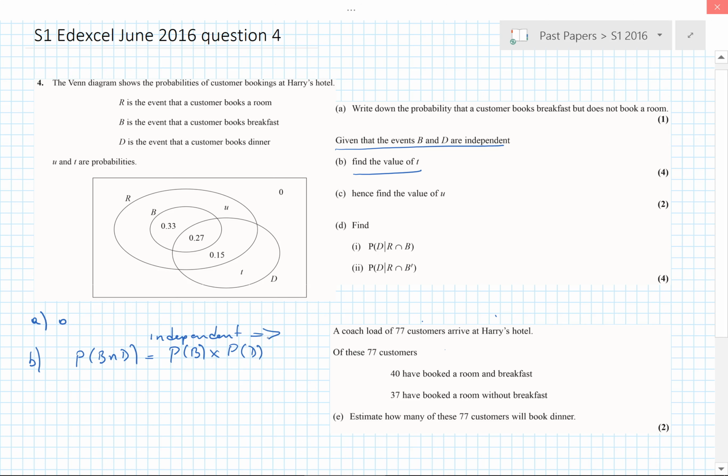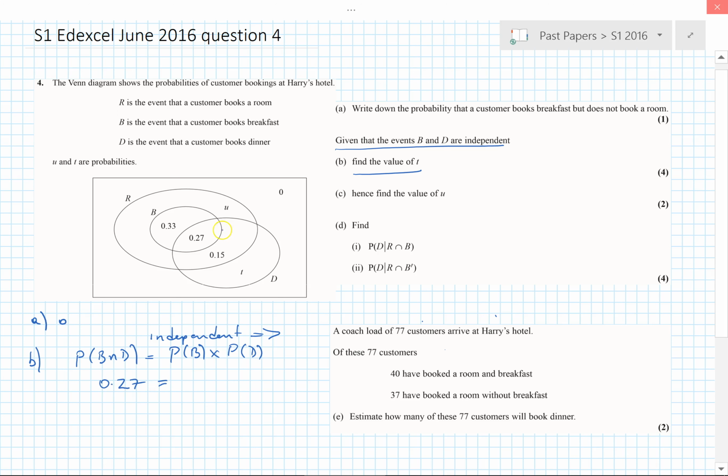Okay, so that's what we're going to use. P(B intersection D) is both of them happening. If we look at the set D, that's this one, and the set B, that's this one. The probability of both of them happening is that 0.27 in the middle there.